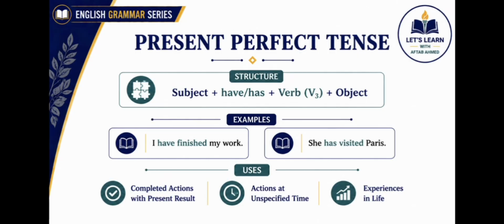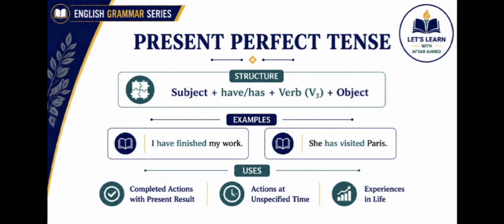This tense connects the past with the present. The action is completed, but its result is important now. That is why we use present perfect for completed actions, experiences, and actions whose exact time is not specified.